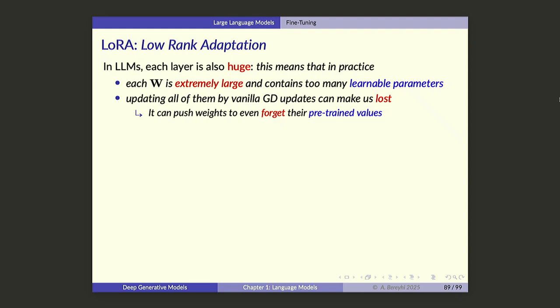The second one is the fact that sometimes if you just do a naive update of the layer, you might get lost. What do I mean by getting lost? It means that you start with doing fine-tuning, so you do iterations, and at some point you start to get large gradients. And when you get very large gradients, then every weight is going to change hugely, right?